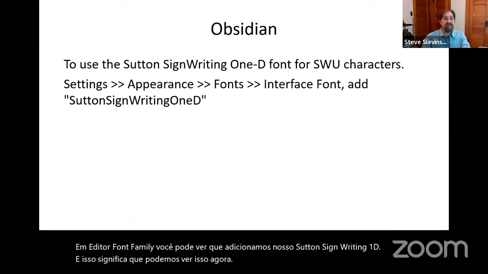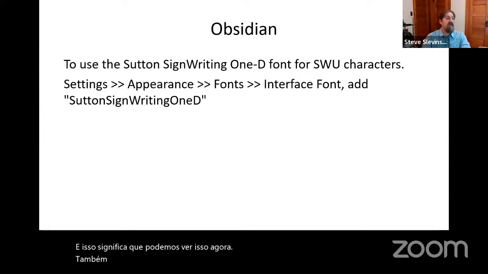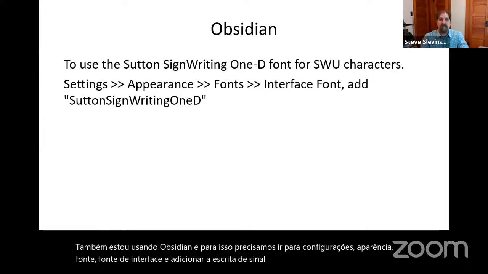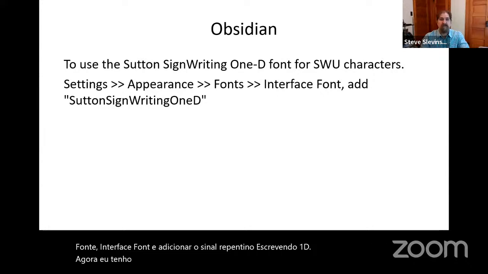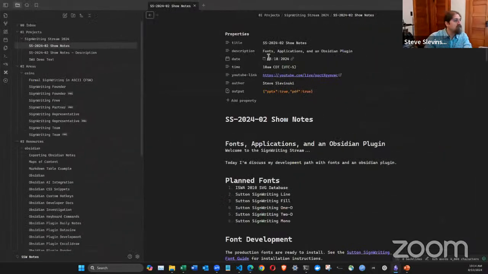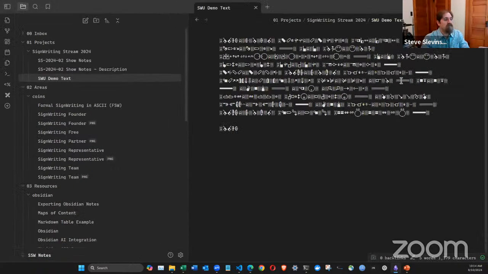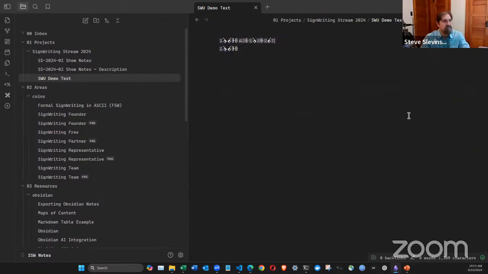Also, I'm using Obsidian, and for that, we need to go to settings, appearance font, interface font, and add the Sutton SignWriting 1D. Now I have Obsidian up and running. And if you go over here, you can see that we can see our SWU characters.